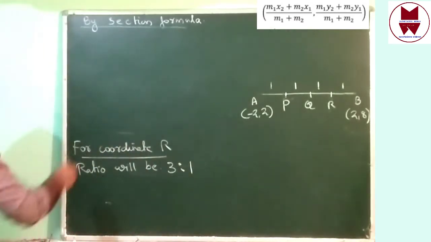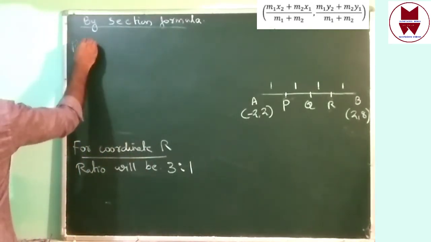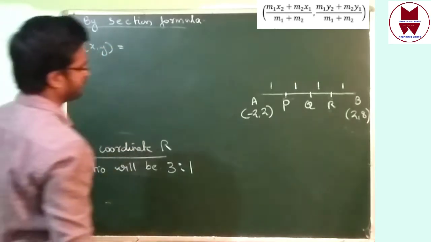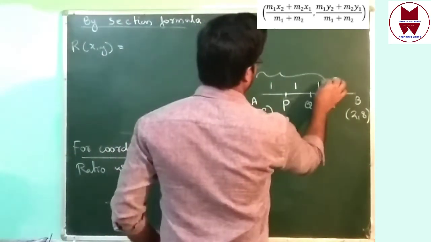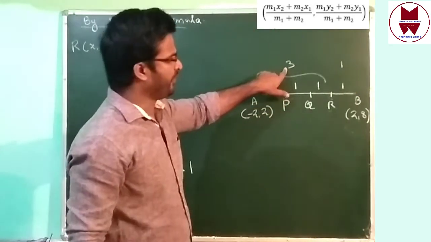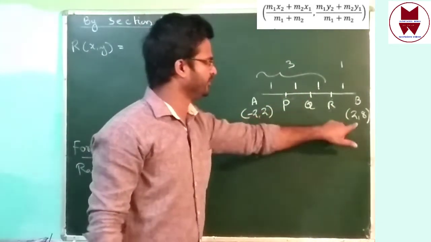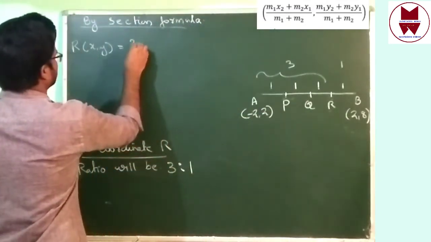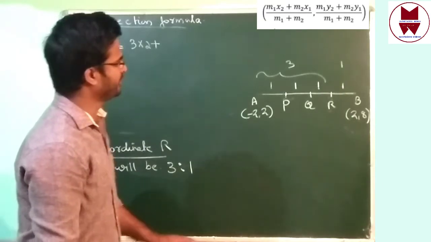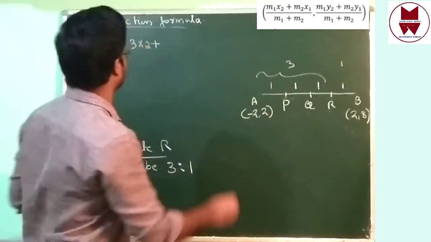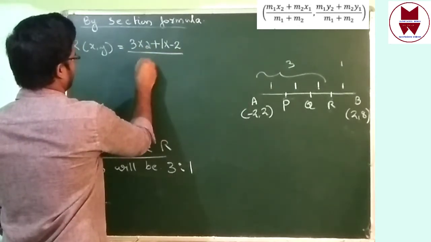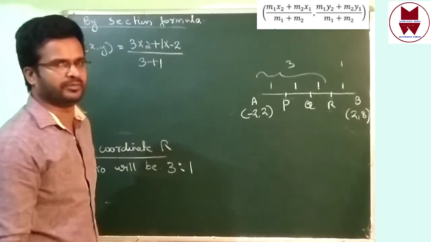Same section formula. R(x, y) equals, here 3, then 1. M1 X2, that is 3 into 2, plus M2 X1, that is 1 into minus 2, divided by M1 plus M2, 3 plus 1.